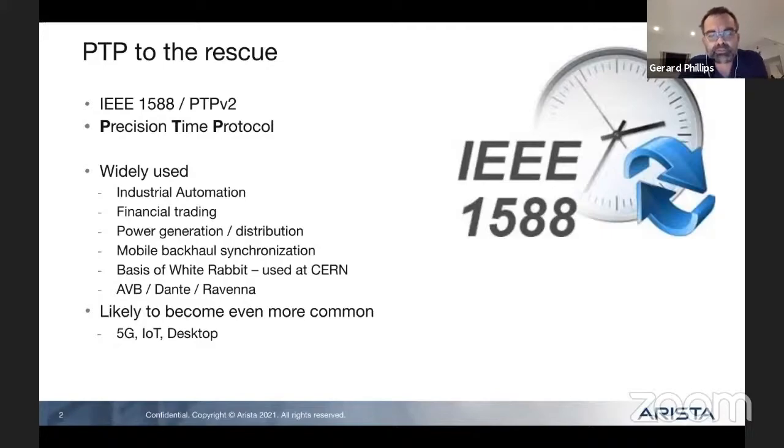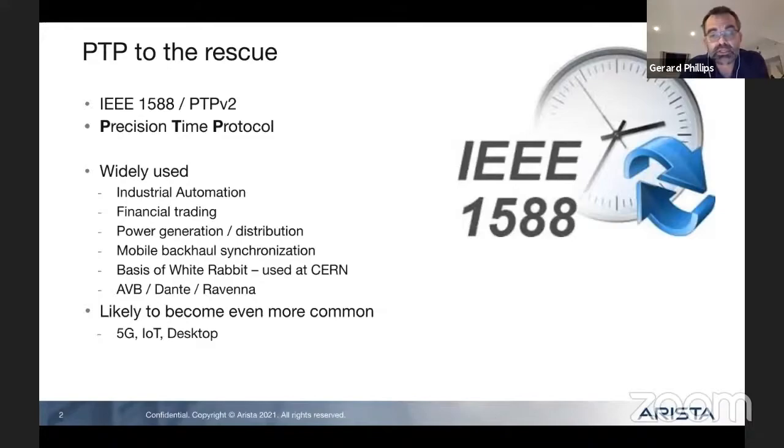So 2110 is a profile built on top of 1588 PTP version 2. It's worth saying that it is really, really widely used. Industry automation, financial trading, as we've already talked about, power generation. How do you think all those power station generators are synchronized? It's through PTP. It's already used for mobile backhaul, synchronizing the data there.